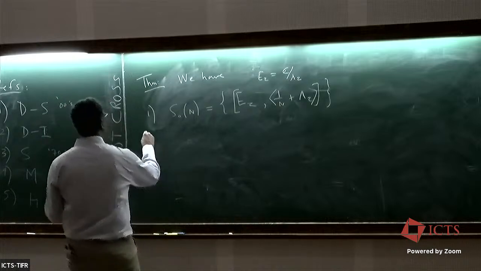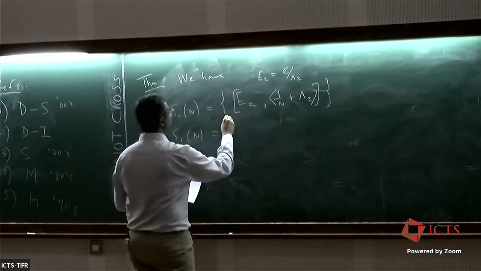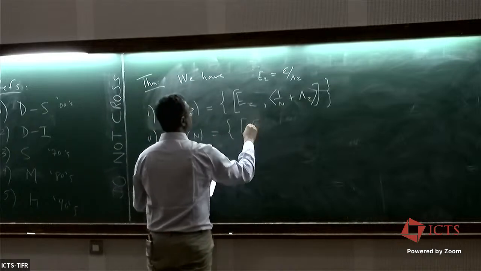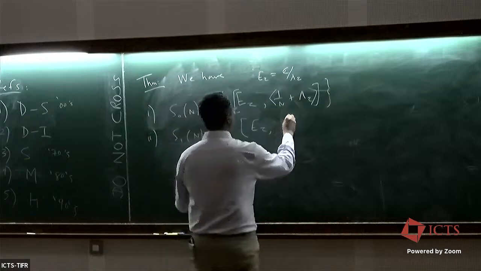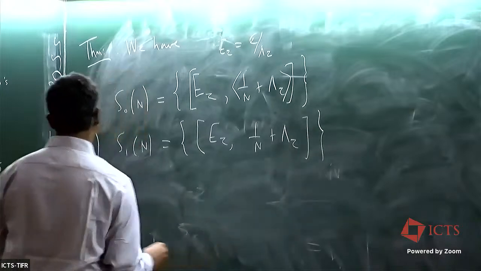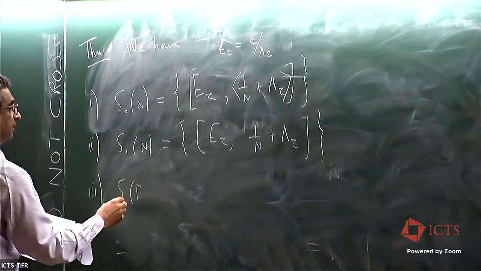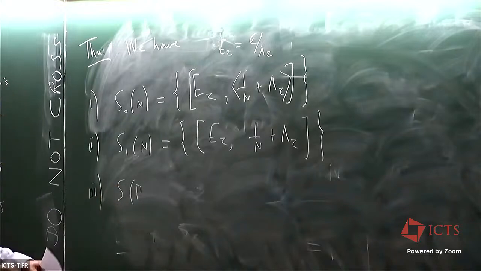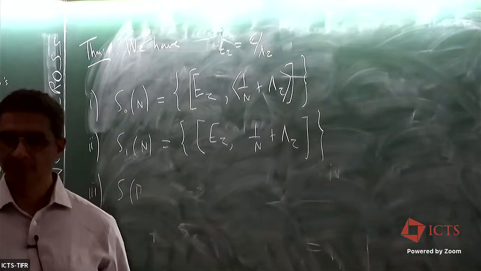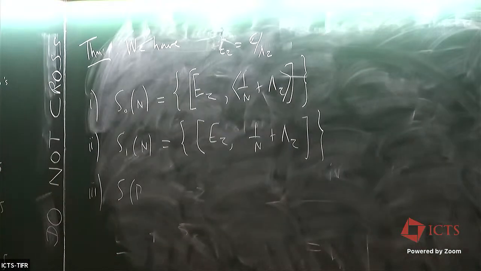Okay. Similarly, S1 n can be, let me just look at the point. And finally, there's always a representative in S gamma n. Is it called Sn or S gamma n? Maybe it's called Sn. I wrote S gamma n there. Maybe it's better to write this as Sn.